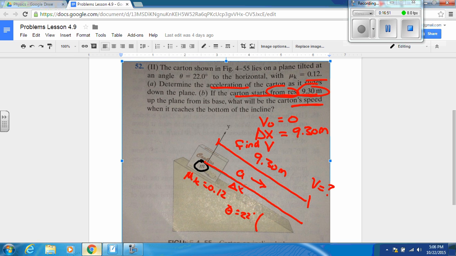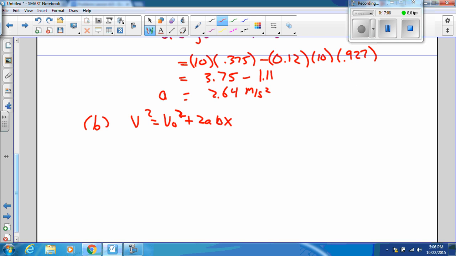And since I know the acceleration along this line, and I know the delta x along this line, then if I allow the carton to move from rest all the way down to here, then I will be able to find the final speed, which is appropriate in this direction. So yes, this is the right equation to use, and we have an initial velocity of 0, we have the acceleration captured from the first part, and we have the distance 9.30 meters.